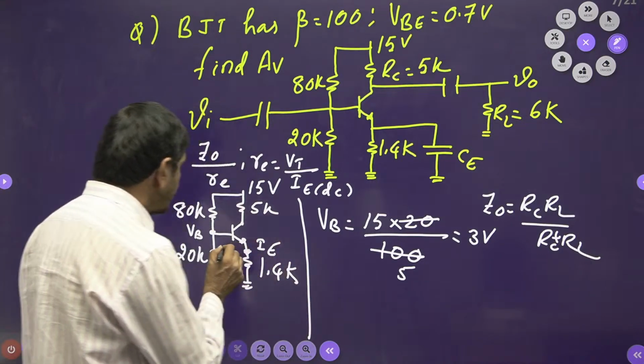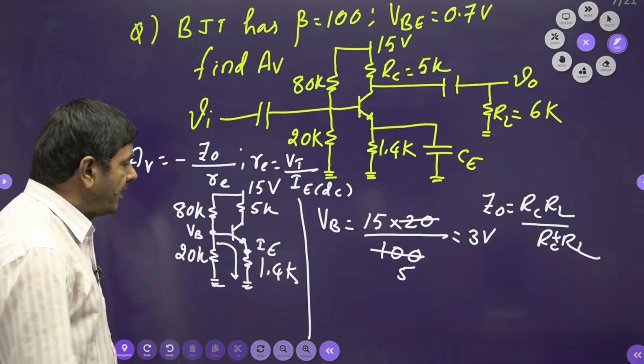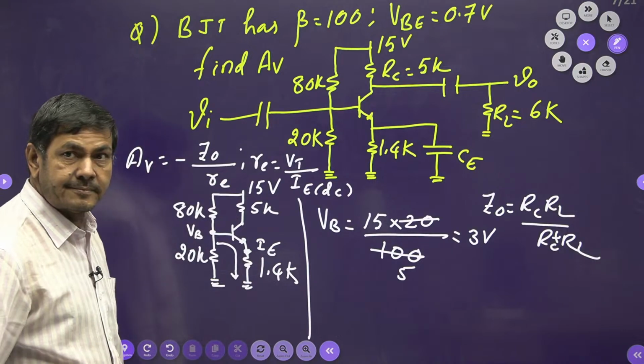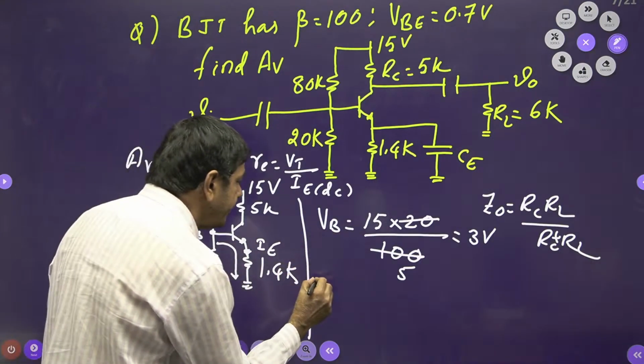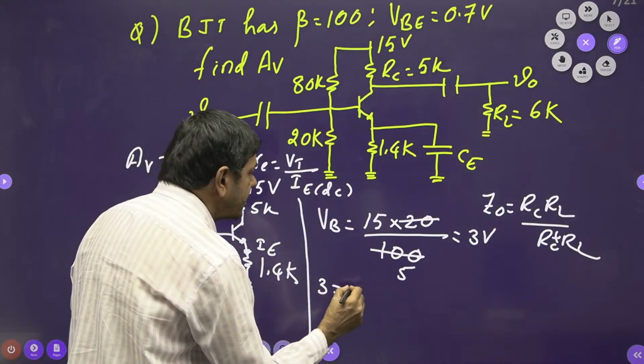Once you got VB, you can apply the KVL in this direction. If I apply the KVL, VB equals the drop across this plus the drop across this. VB is nothing but 3 volts. Base to emitter voltage is given as 0.7 volts.